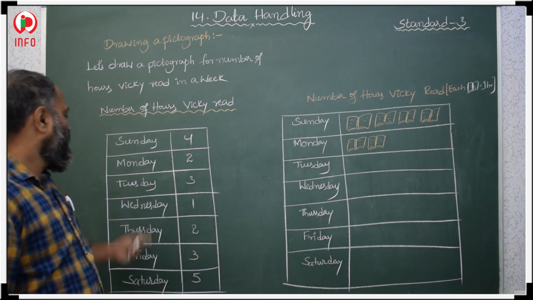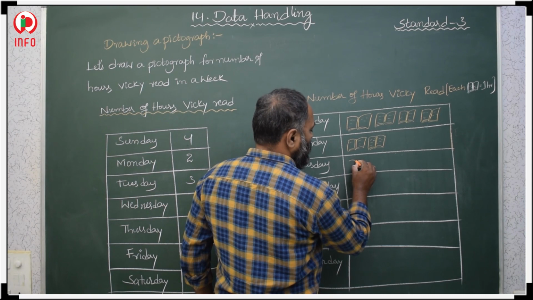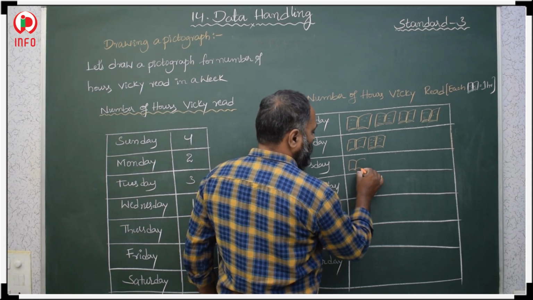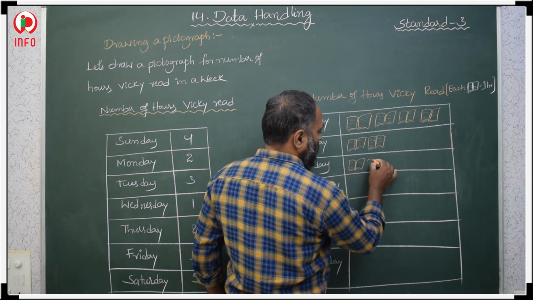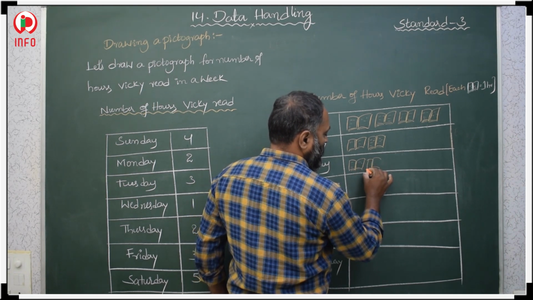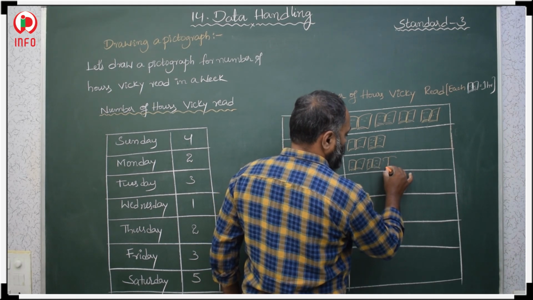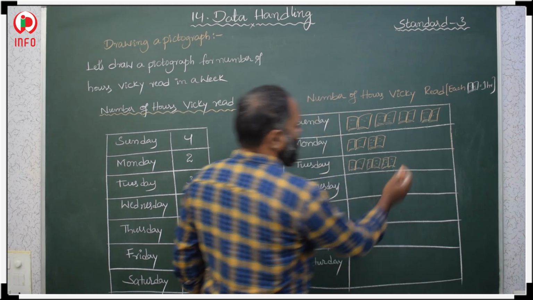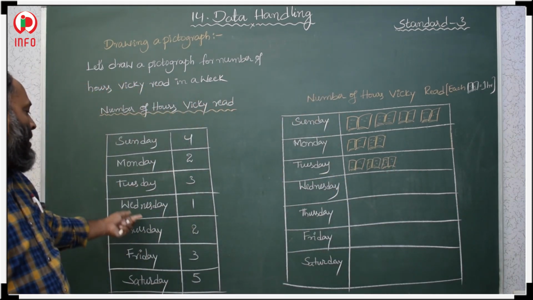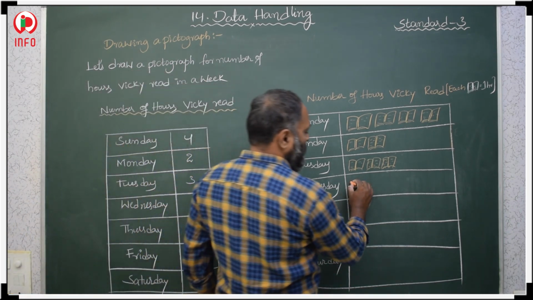And Tuesday 3 hours means 3 books. One, 2, and 3 books. 3 hours means 3 books. On Wednesday, only 1 hour means 1 book.